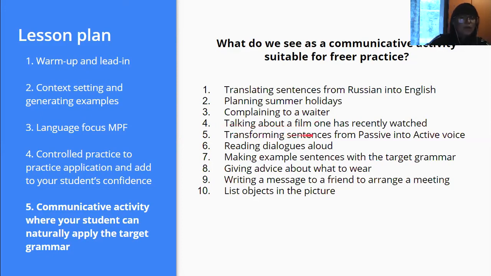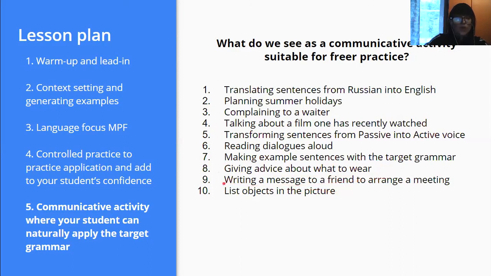Talking about a film one has recently watched, here it's also a purely communicative activity because the student might express his or her own point of view. And of course, giving advice about what to wear, it's quite a typical activity where our students would have to give some tips about what to wear and so on and so forth.